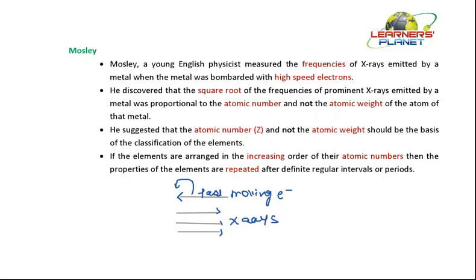Now what do you mean by this? We are bombarding fast moving electrons on the metal surface, as a result of which X-rays are emitted. He took the root of their frequency and plotted a graph with the atomic numbers of the elements, and he obtained a straight line.